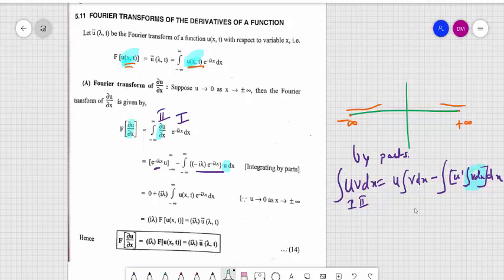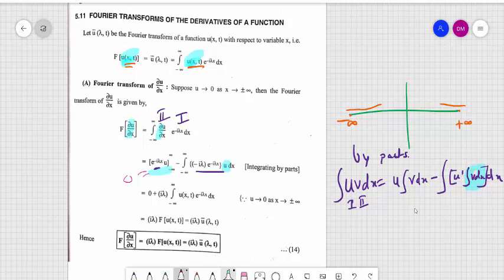So the first term vanishes, that is equal to 0. Second, i lambda is a constant, taking it outside, minus minus becomes plus, and we can write it as u into e raised to minus i lambda x dx.